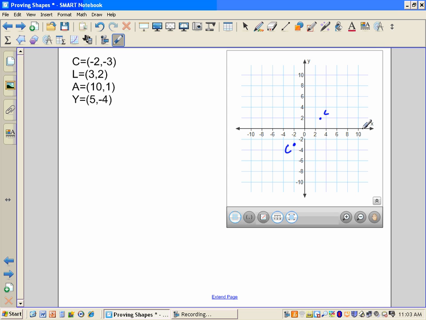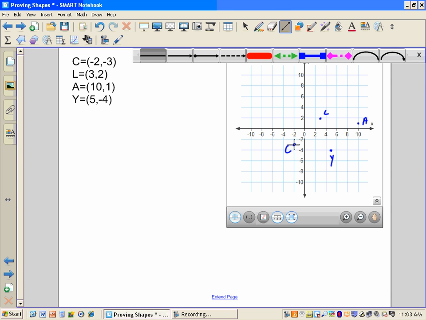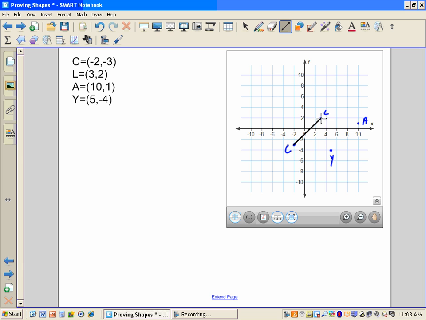A is 10, 1. And Y is 5, -4. And let me just connect the dots here. C to L, L to A, A to Y, Y to C.